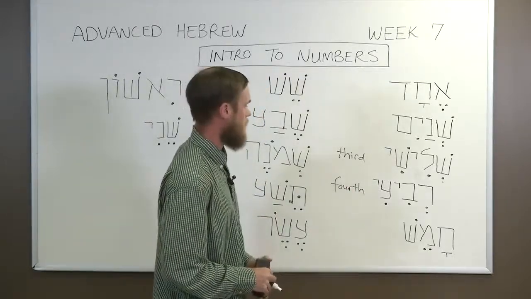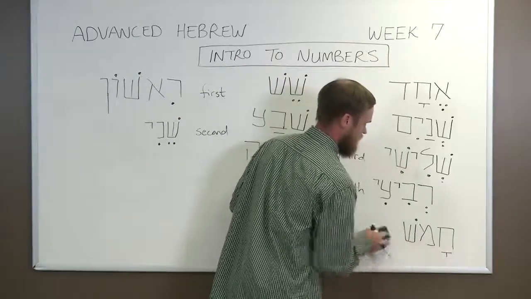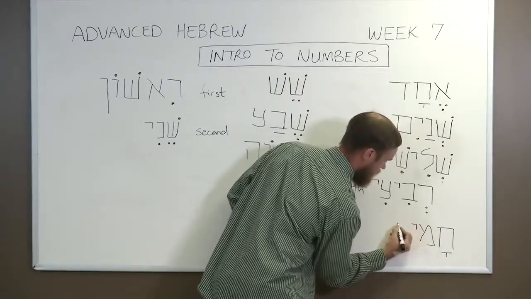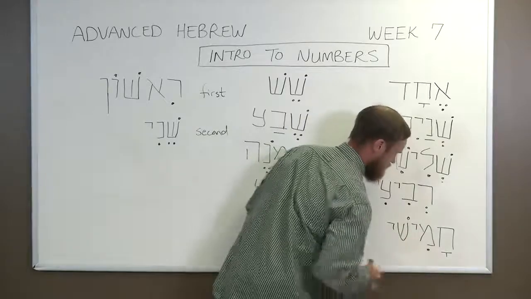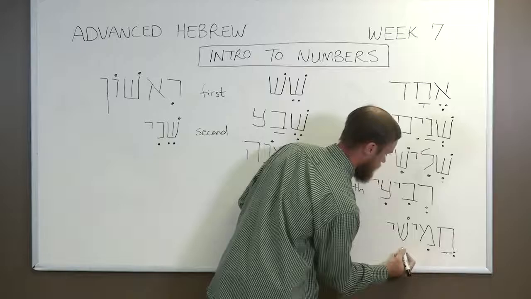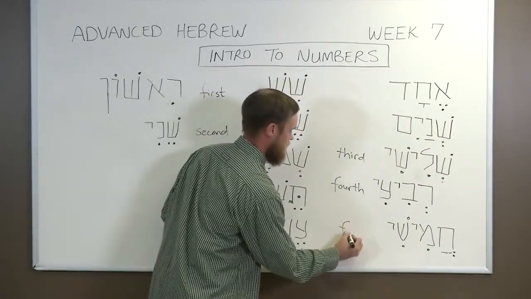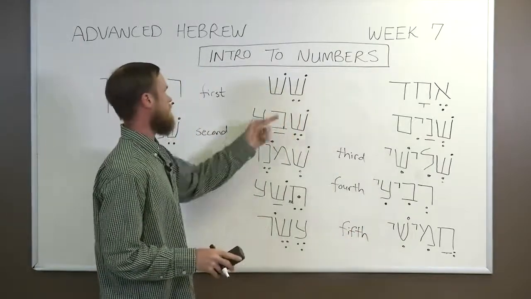Okay. Chamesh becomes chamishi. Minor vowel change there. Chamishi is fifth. Right?